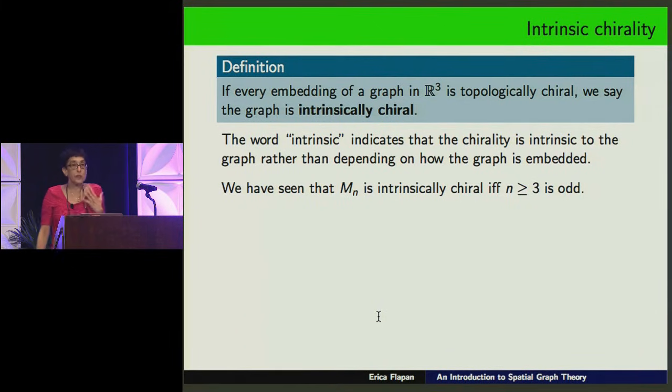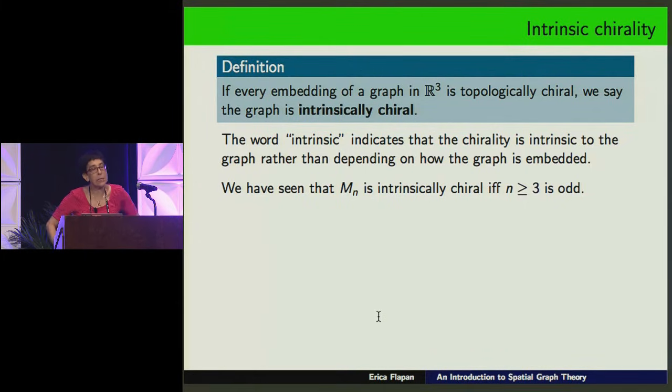So I'm going to introduce a definition here. If every embedding of a graph is topologically chiral, as we saw for M3 it was, or any n odd, then we're going to say that the graph is intrinsically chiral.